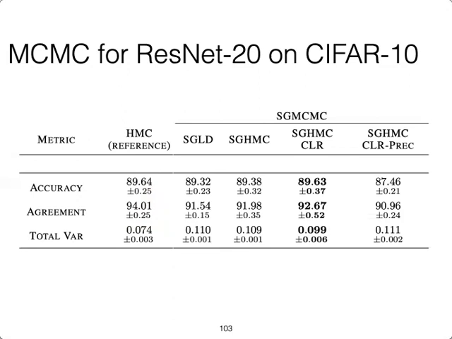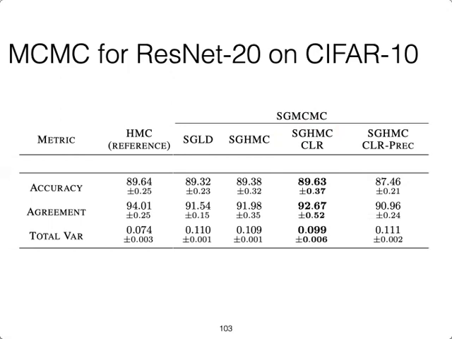And we can compare this to stochastic gradient MCMC methods. So we have stochastic gradient Langevin dynamics, which is Langevin dynamics using mini batching. So it's the most approximate form of MCMC. And also things in between, like stochastic gradient HMC with cyclical learning rates.